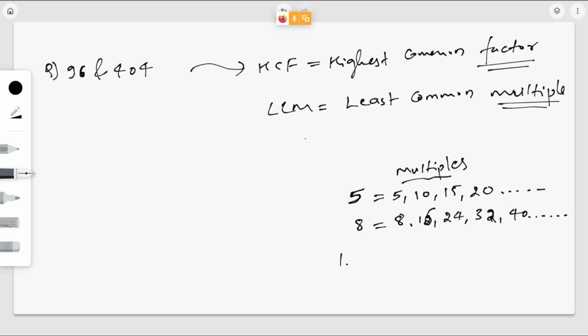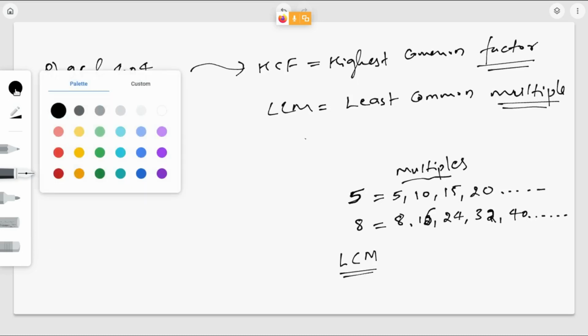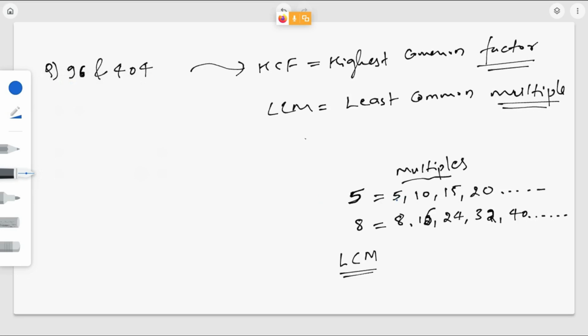If I ask you to find the LCM of 5 and 8, then what is the LCM of 5 and 8? Least common multiple. What is LCM? Least common multiple. So what is the least common multiple here? Let's see. Start from the smaller number, 5. You need to find a number which is common in both the rows, in the multiples of 5 and 8.